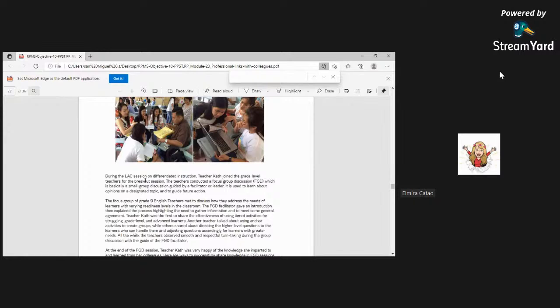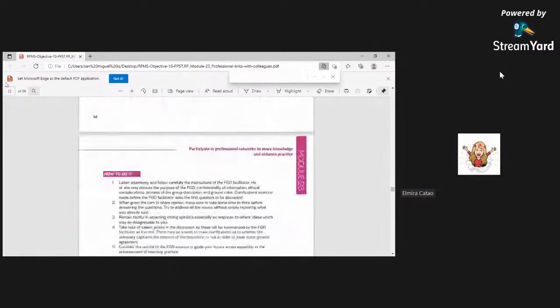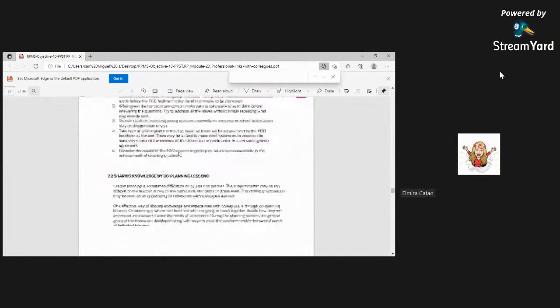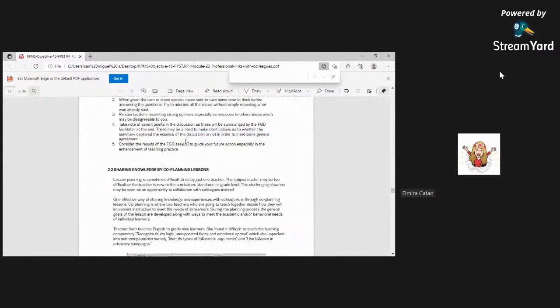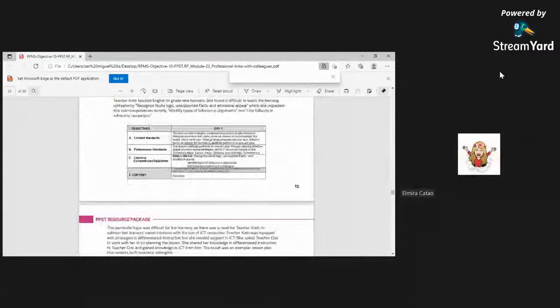Now, moving on, we will move to illustration of practice 2.2, the sharing knowledge by co-planning lessons. Okay, here. So in your monitor, you can see the lesson plan of Teacher Kat.